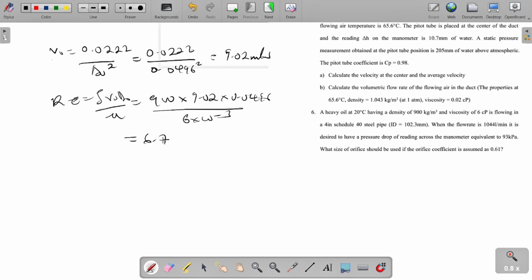You will be having 6.7 times 10 to the power 4, right? So getting this Reynolds number, then I can actually calculate for this ratio 2 as 0.0496 over 0.1023. So the ratio gives me 0.4848.